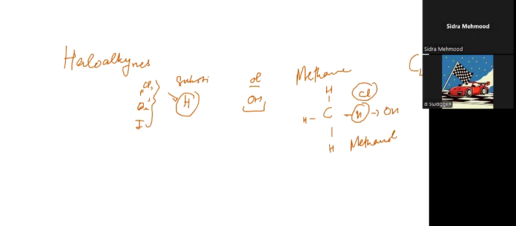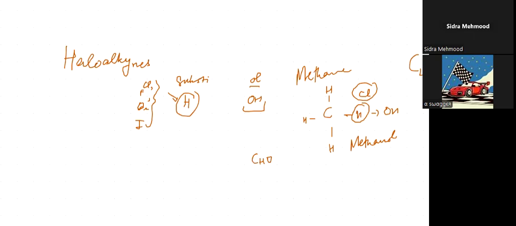The same way we have aldehyde, which is CHO. If we have a CHO group at the end, then it becomes an aldehyde.